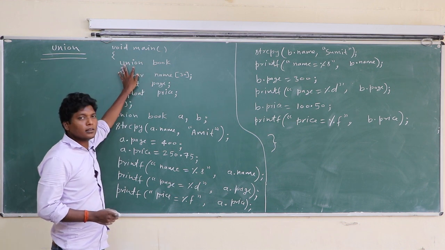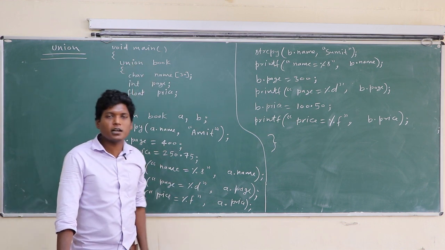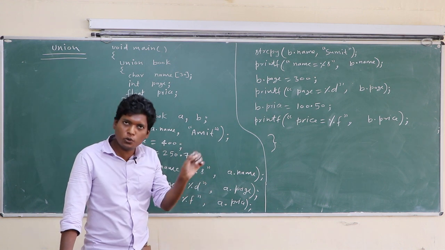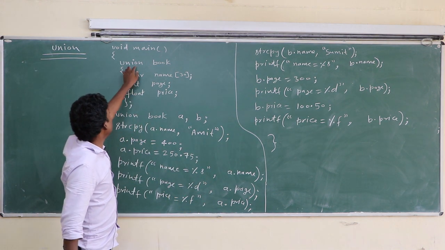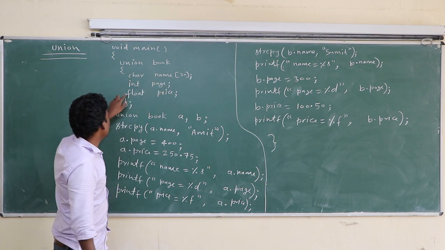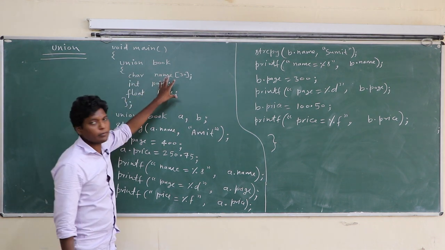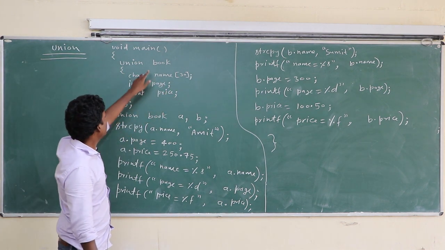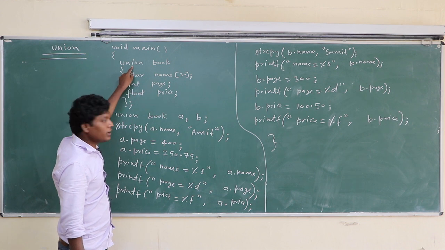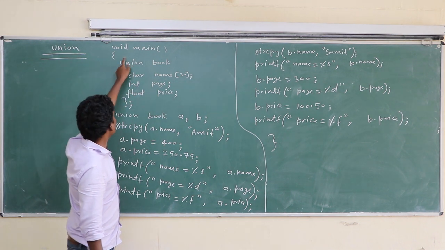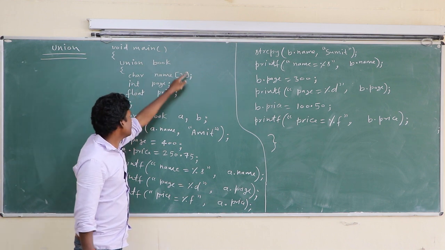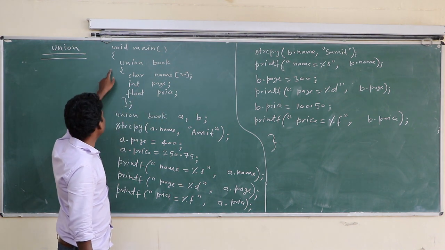This is the union members, or you can say the union elements. Class, this is the name of the union and this is the union keyword. So this is the new data type, the user defined data type.